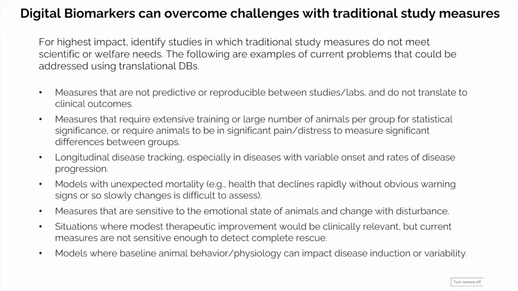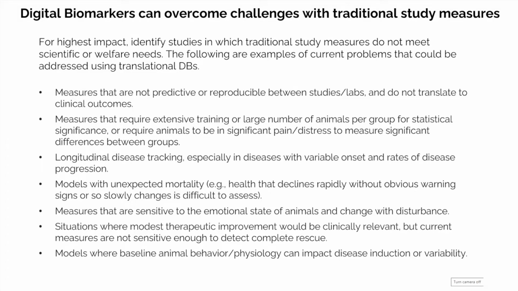The ability to use digital biomarkers can actually reduce the challenges that you will get between measuring that paw thickness between experimenters. And we can potentially stop studies earlier before animals get to significant pain and distress, because we would potentially get more sensitive measures.